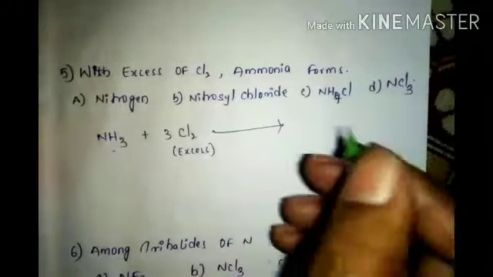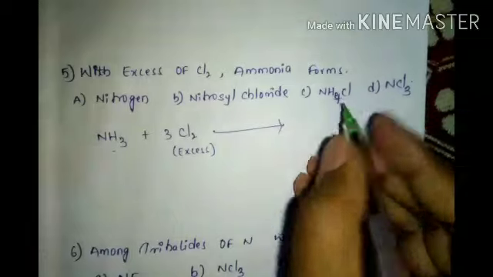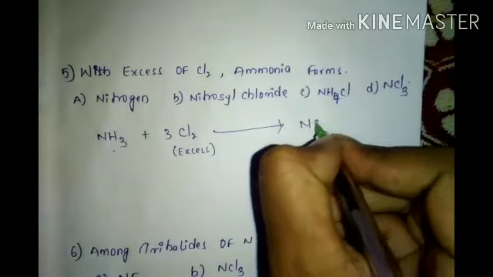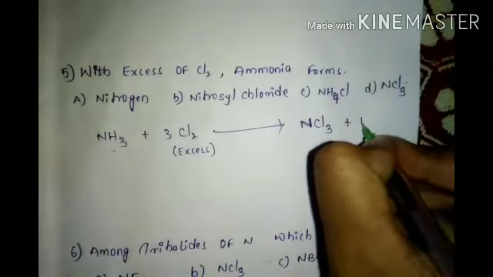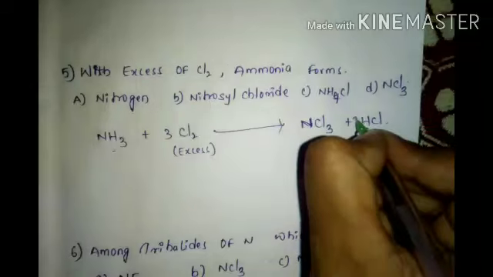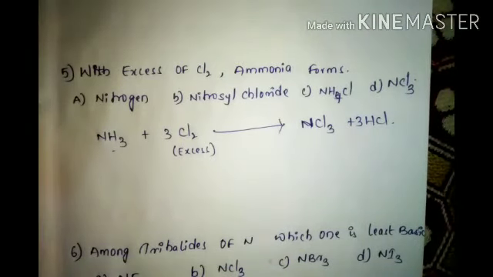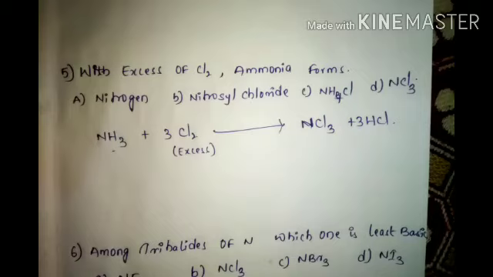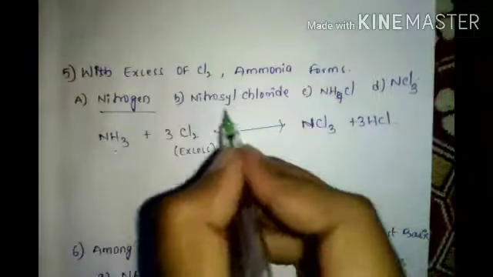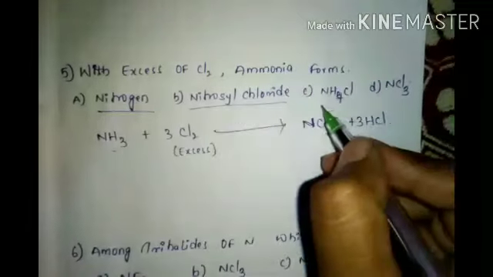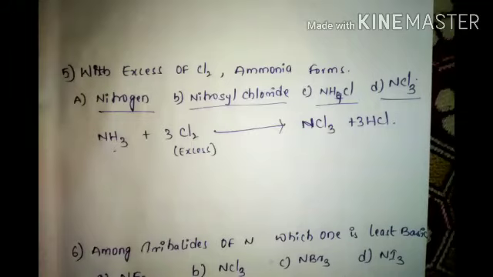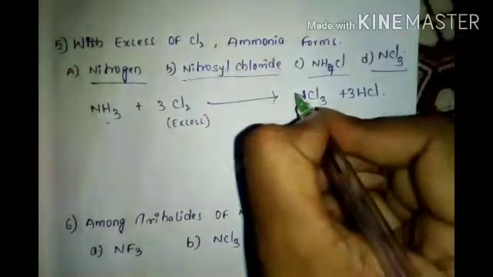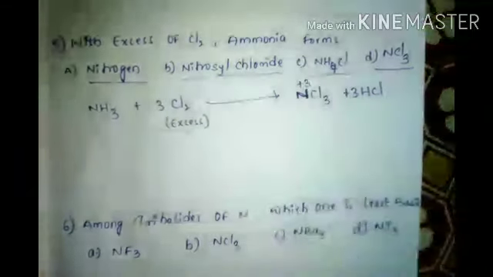Now let's take NCl3 plus HCl. How many? 3 moles of HCl. So not nitrogen, not nitrosyl chloride, and not NH4Cl. Answer is D. NCl3. What is the oxidation state of NCl3? Is +3.